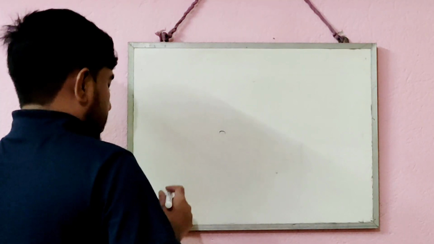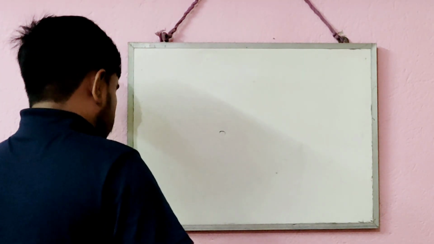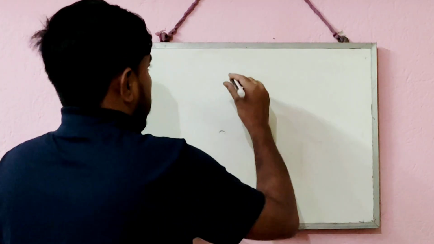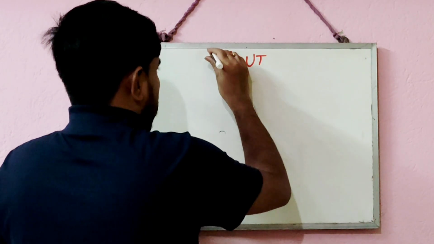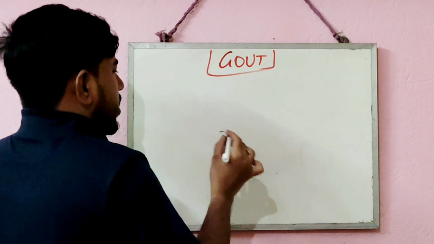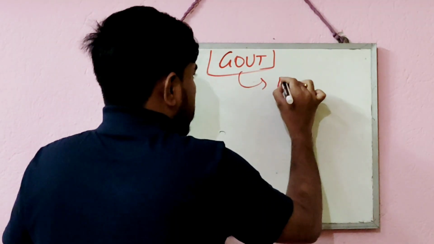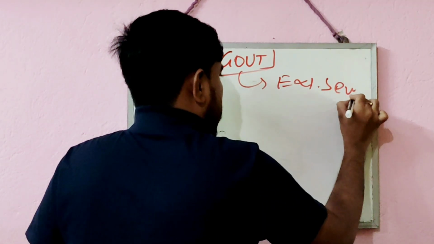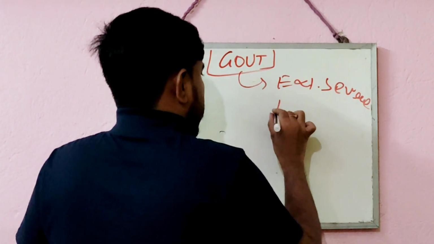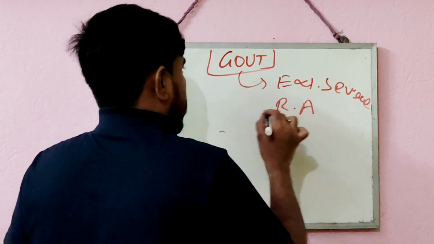Now another term that you have to remember or study that is related to arthritis is GOUT. What is GOUT? You can tell GOUT is the extension or severe version of rheumatoid arthritis.